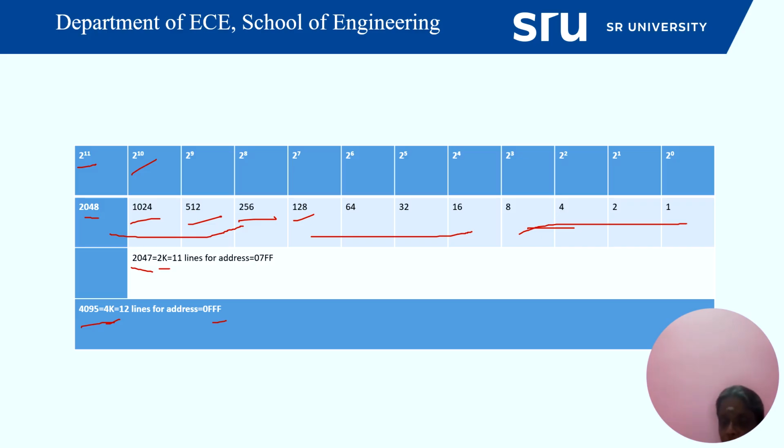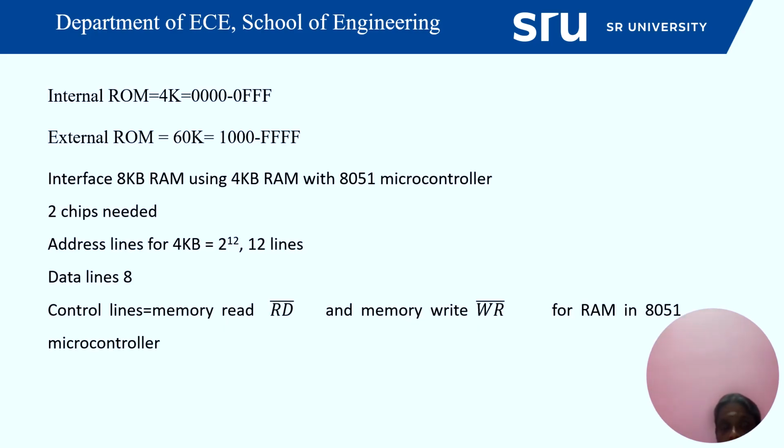In the external program memory, I have mentioned the starting address 0000 up to 0FFF. Now, internal ROM. That is what in the previous slide I told, 0000 to 0FFF. It is for 4 kilobyte.